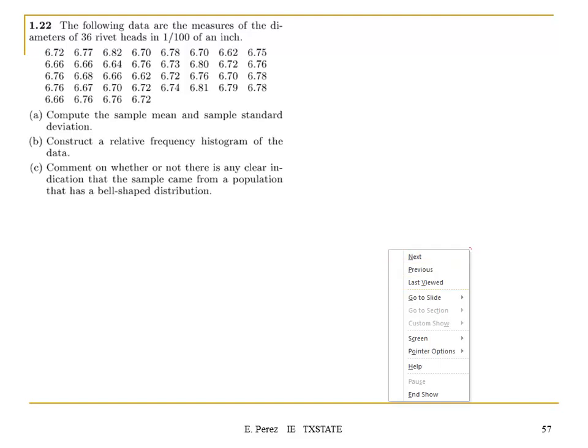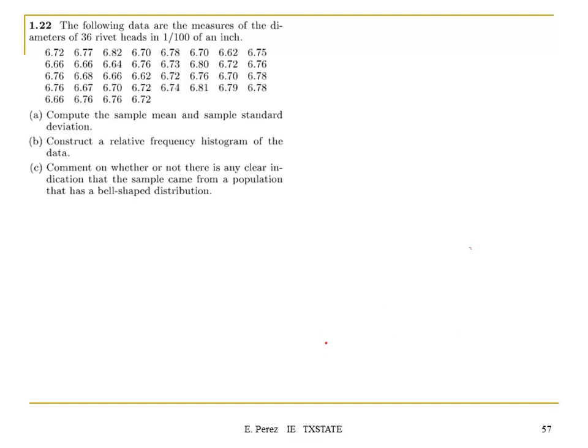Okay, so let me just compute a couple of things here before we move to the Excel. First thing that we need to determine is how many intervals we're going to use. Any ideas?